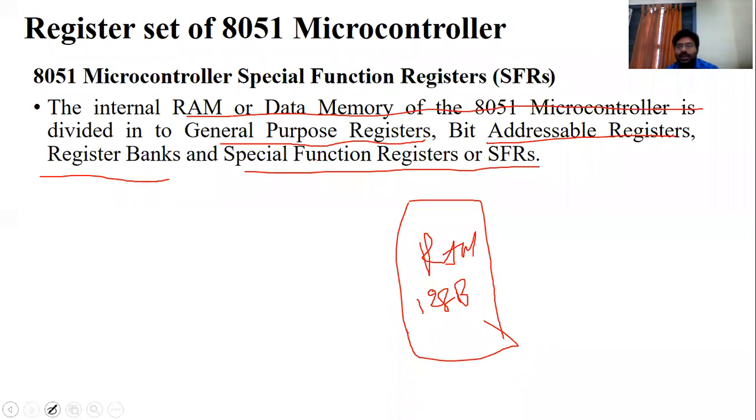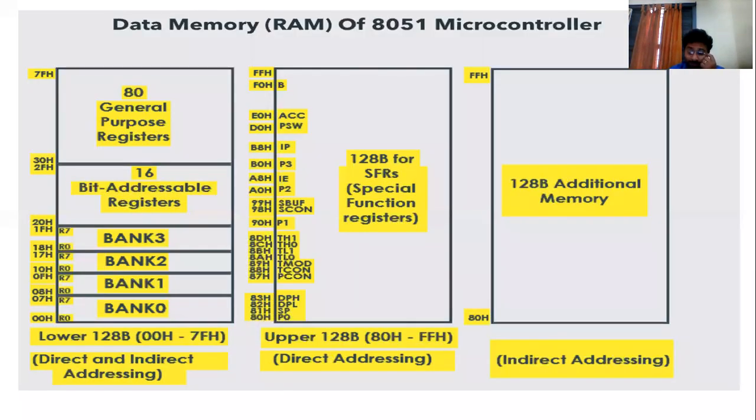See this picture, it gives some small information about the register banks. We will discuss this thoroughly in the memory organization topic, but here is a small piece of information.